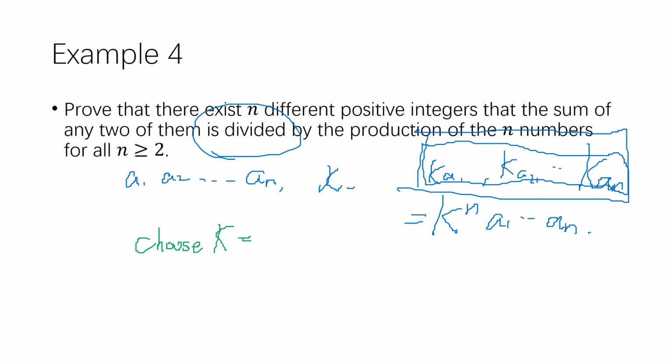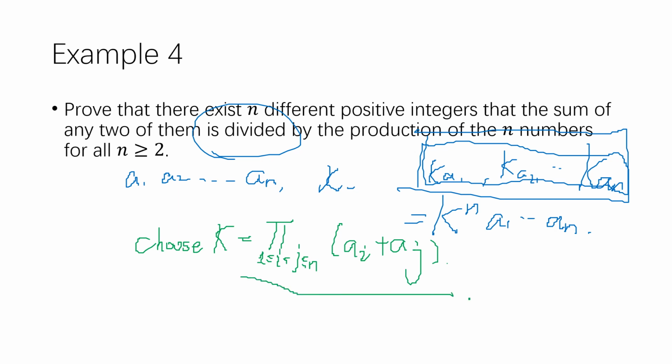Because the product. Reasonable? I think it's reasonable. Choosing this meets the question's demand. Good. So just make the numbers that the question wants.